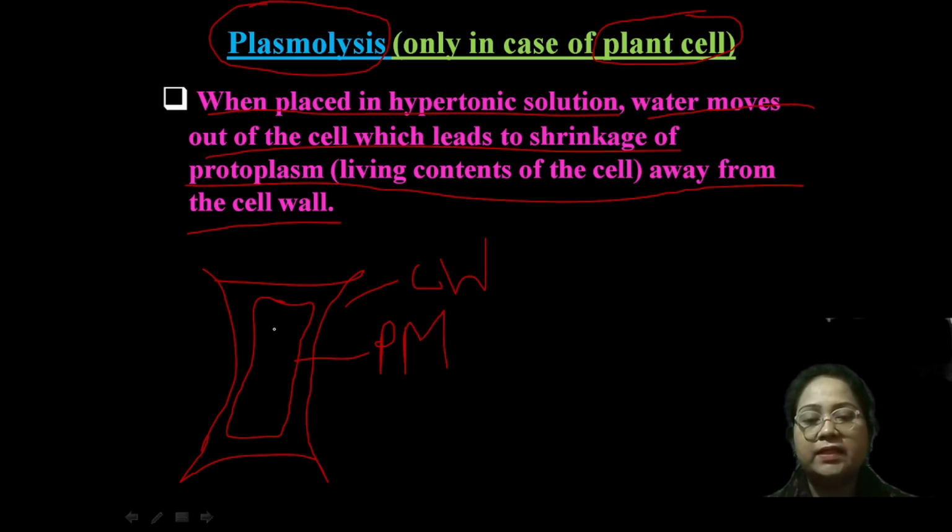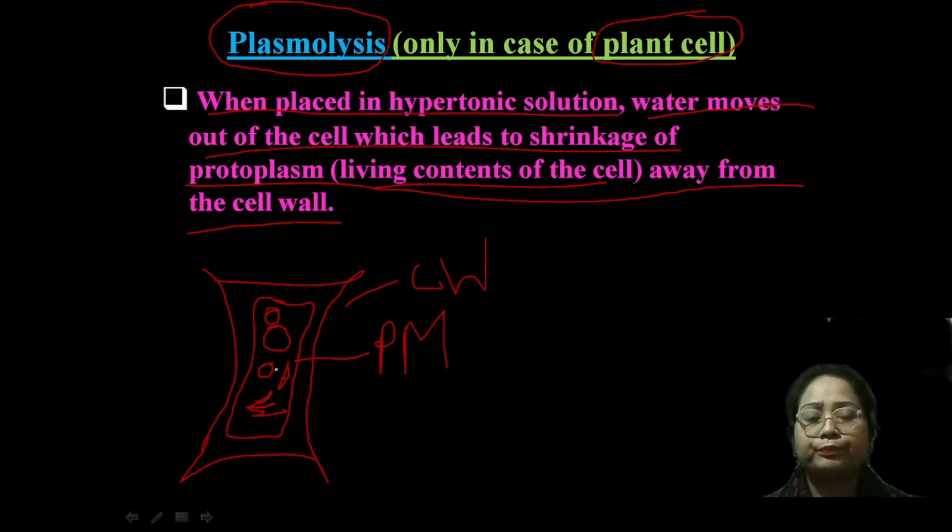And inside the plasma membrane, we have the nucleus, the Golgi bodies, then ribosomes, the vacuoles, then cytoplasm, then mitochondria, etc. Now see, these cell organelles along with the cytoplasm that I have drawn, all together are called the living content of the cell.